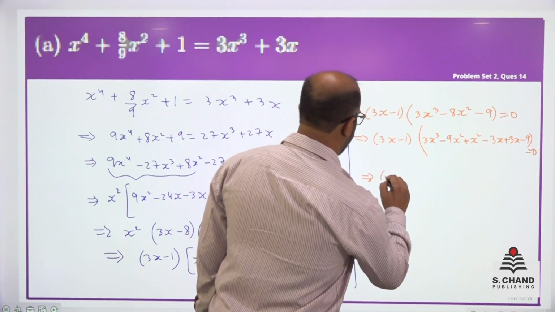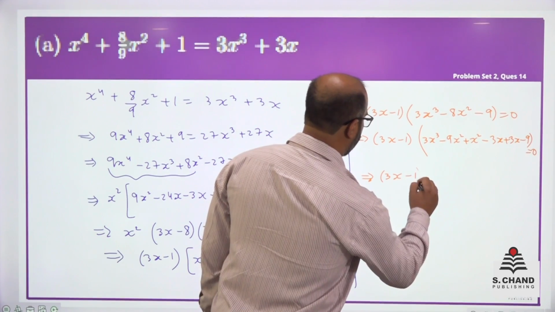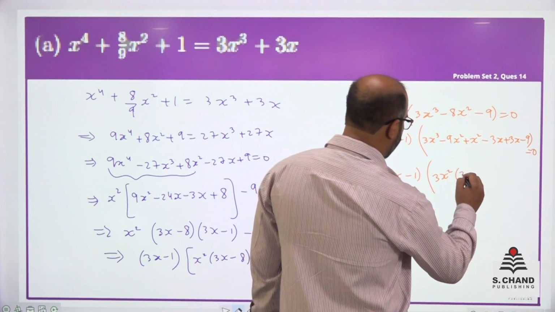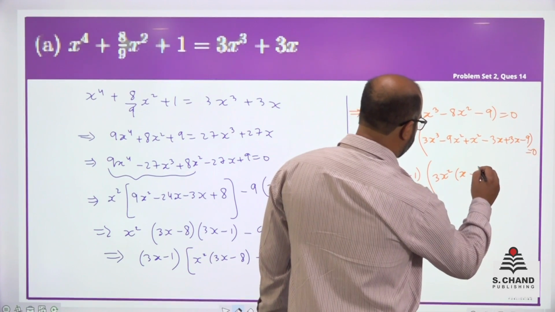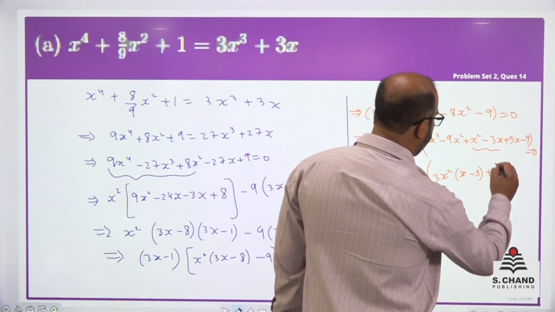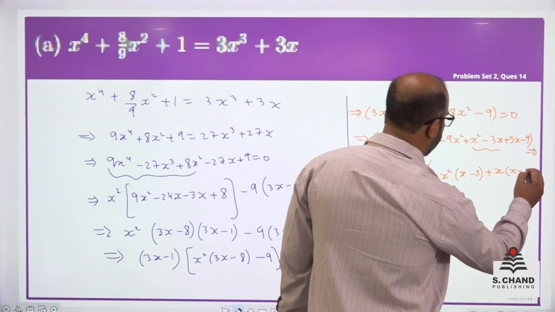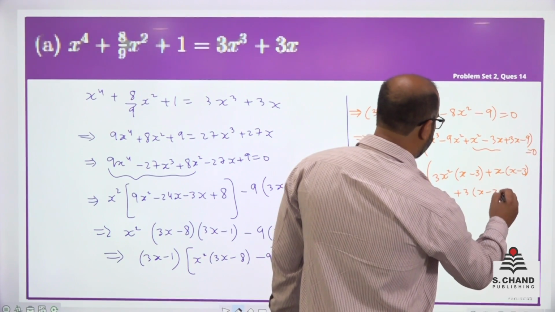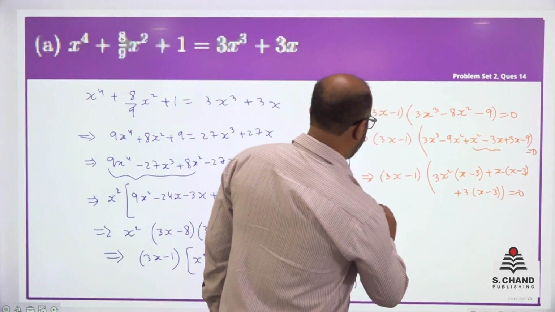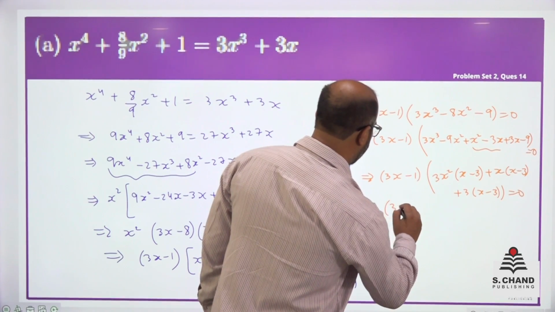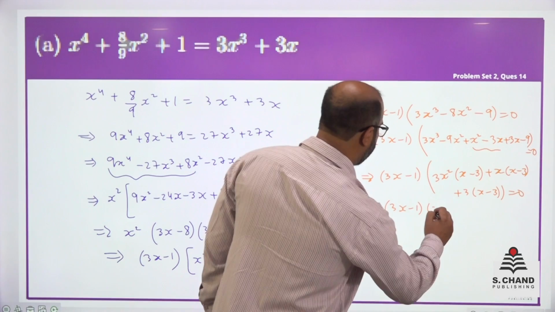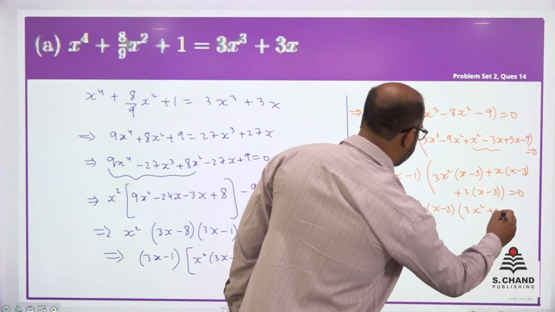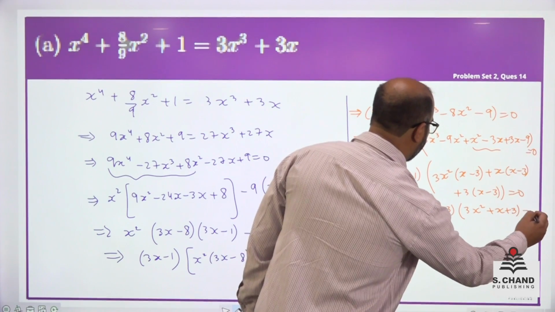So this will be 3x minus 1, and here when you take common 3x square, this will be x minus 3. Here again you will take x common, so x minus 3. Here you will take 3 common, so x minus 3 is equal to 0. So this will become 3x minus 1 into x minus 3 into 3x square plus x plus 3 is equal to 0, right.